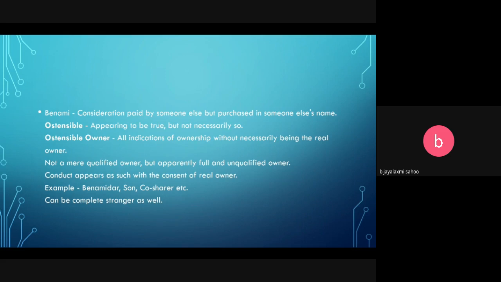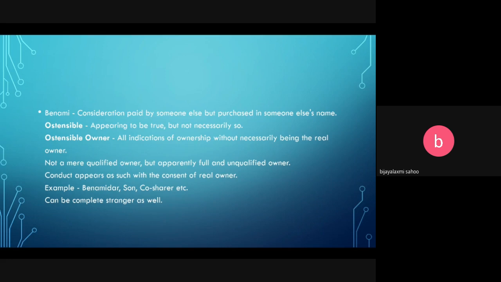The requirement under the section is not only that he has purchased it in his name. It can also happen like this: suppose there is a person A who has a bungalow in Goa, but he is staying in the USA, and he has given the keys of the bungalow to a caretaker.